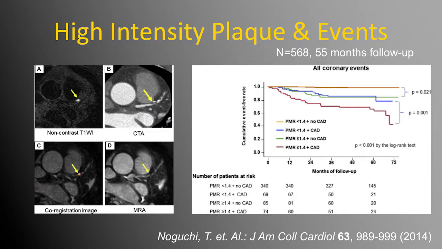What's interesting here is if you look at these green patients, for instance, these are also patients who had an enhancement in the plaque, but which did not have X-ray defined coronary artery disease. And yet, there was a significantly greater event rate in those patients who showed these features.